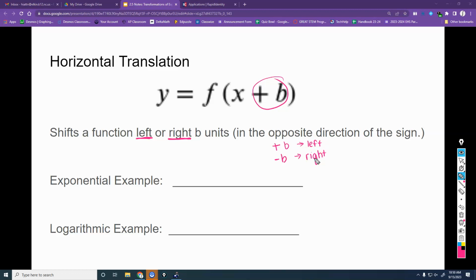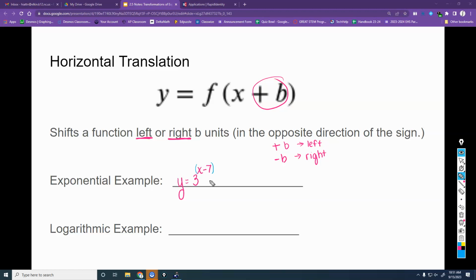Okay? For an exponential, it's most of the time not going to have parentheses. What it'll look like is something like this. Y equals, the base can be any number. It really doesn't matter. Let's say it's a 3 to the x minus 7. Okay? There are not parentheses there, but whatever is in the exponent, that's where your parentheses are at. That's like it's got parentheses with it, right?